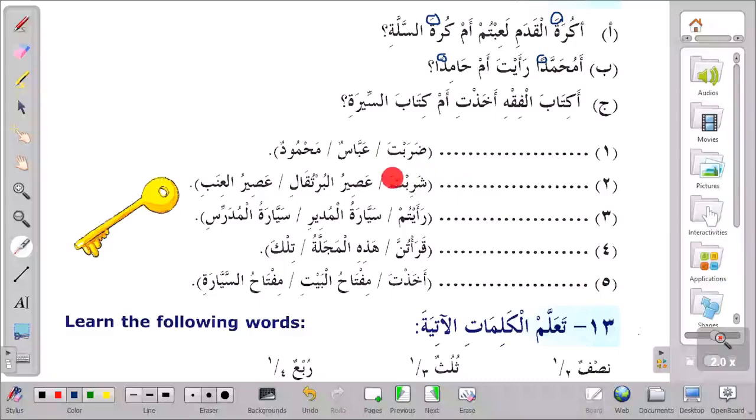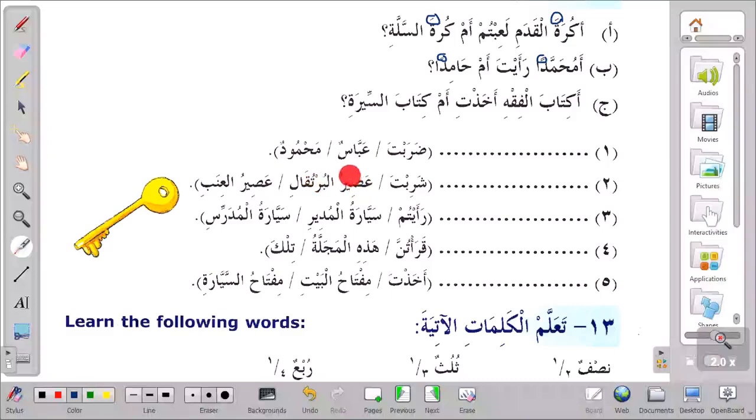The same way here. So you say, asir al-burtiqali sharibta asir al-inabi. Asirun means juice. Burtiqal means orange.